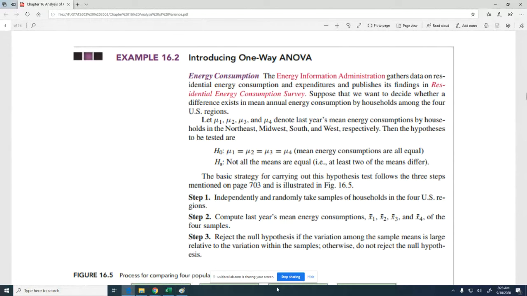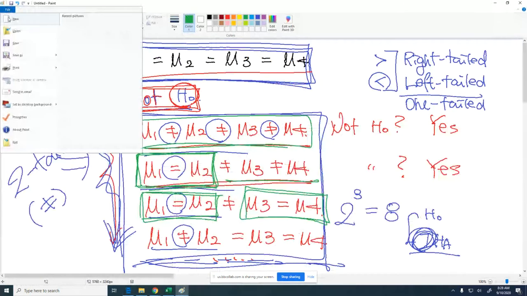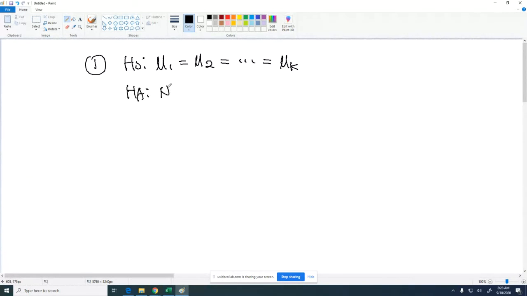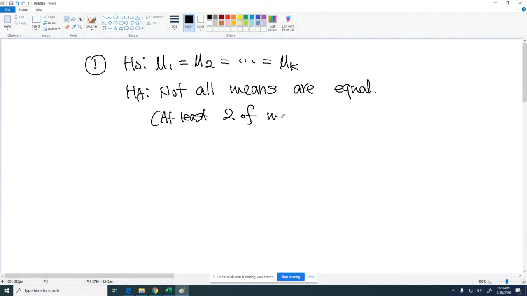Let me summarize. Step number one, the null hypothesis in general is mu1 is equal to mu2 up to mu k, and the alternative hypothesis is not all means are equal, or at least two of them differ.